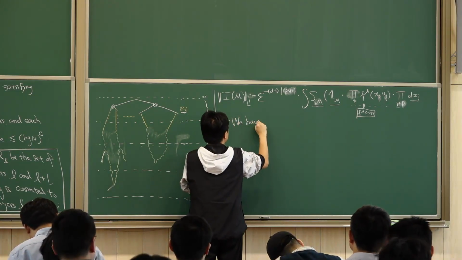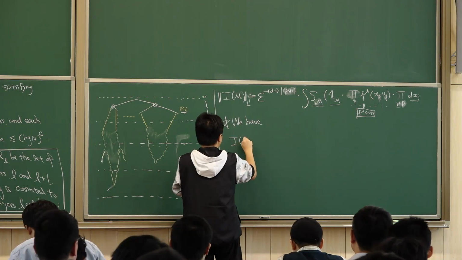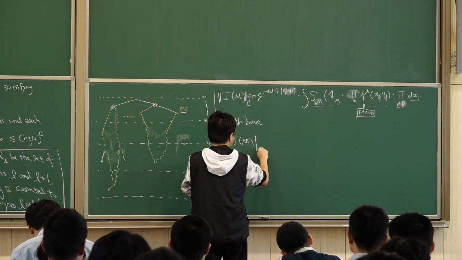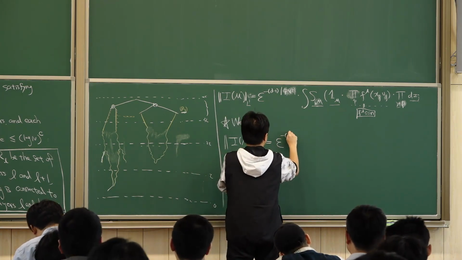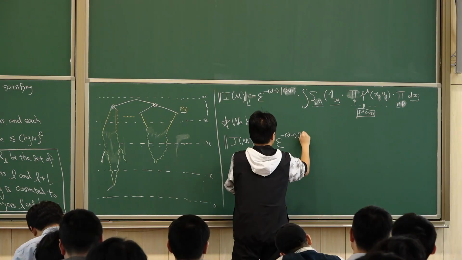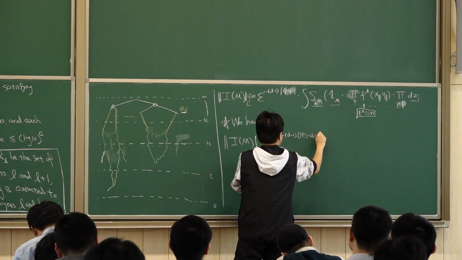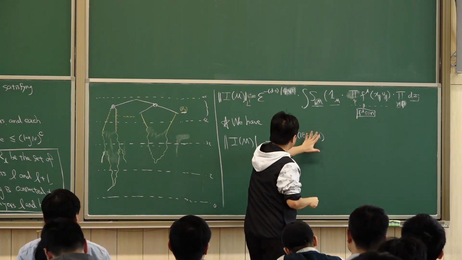So we have I_M, or rather I_M in L1 norm. There is a power of epsilon. Never mind, I'll explain what these are.